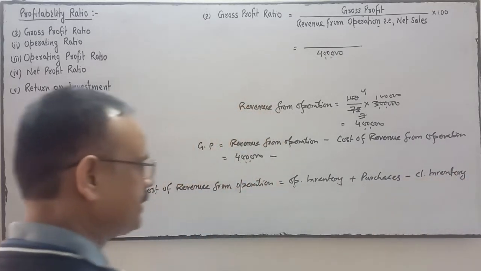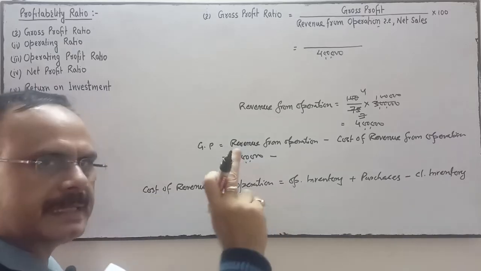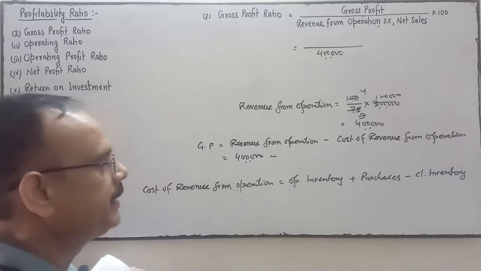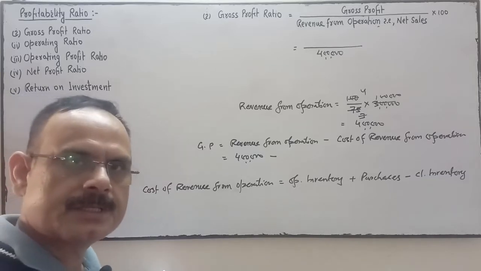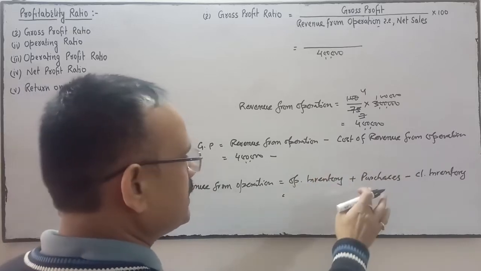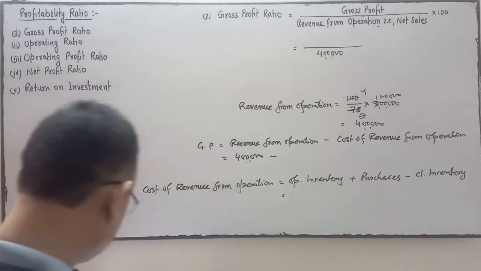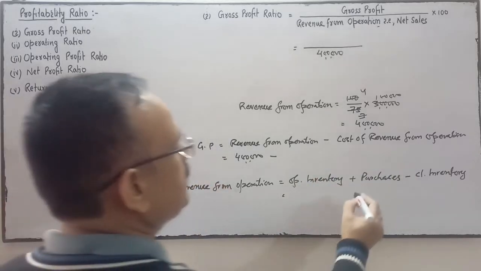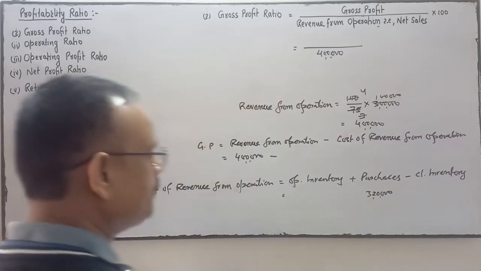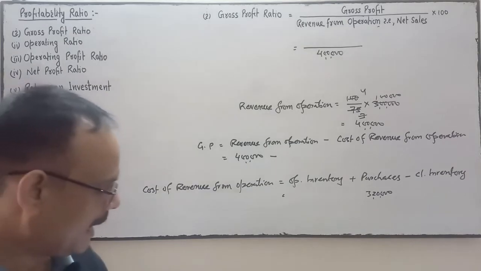Opening inventory plus net purchase plus direct expense minus closing inventory. Here in this question direct expenses is not given, so opening and closing inventory information is here and purchase. Purchase is given 3,20,000.